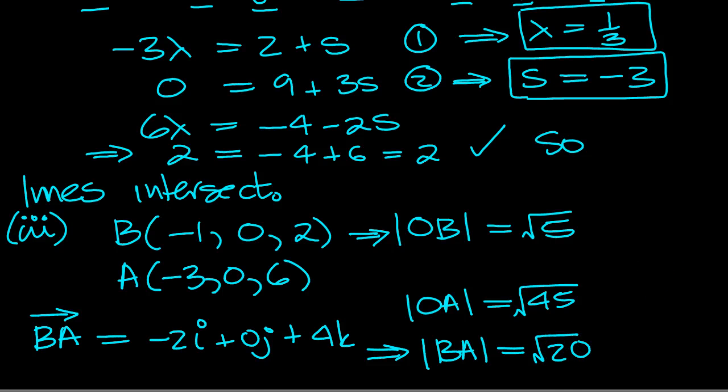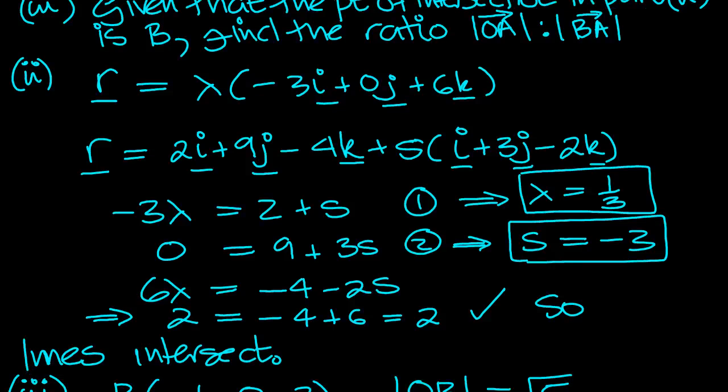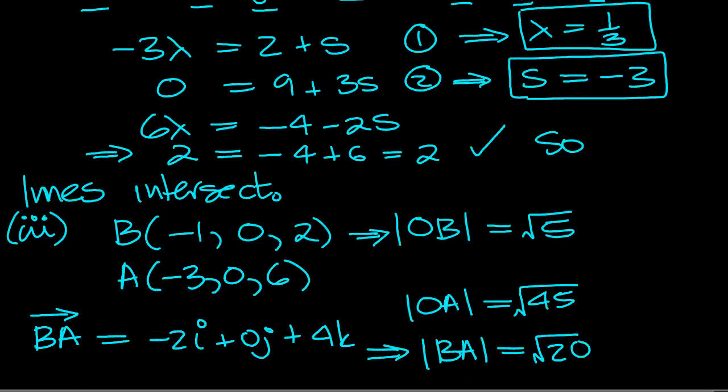So the ratio of, let's get it the right way around, OA to BA. The ratio of these distances, moduli, is root 45 to root 20.